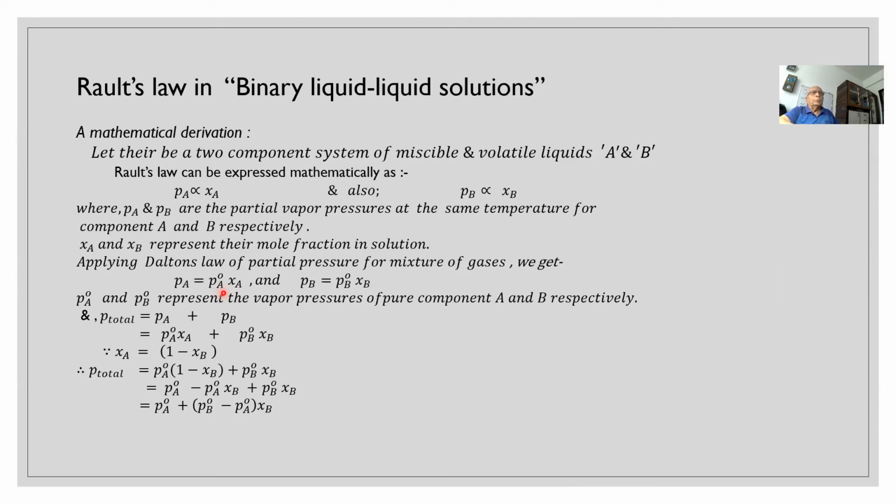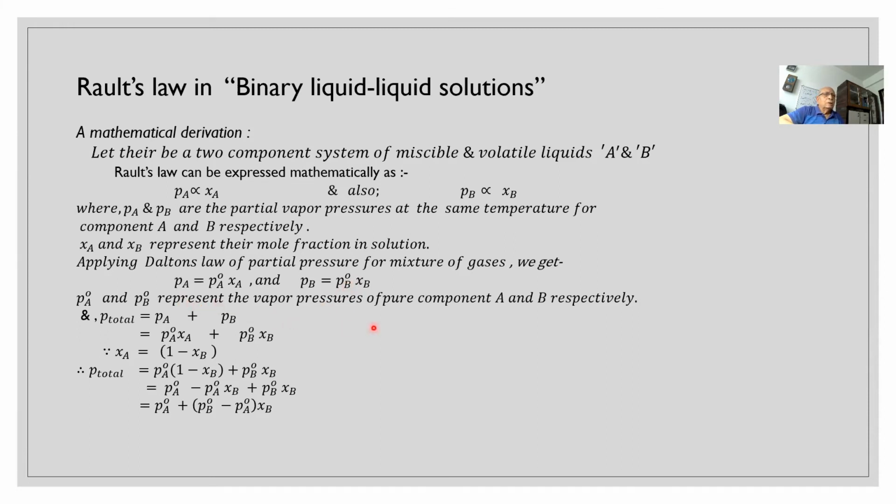Although it is a constant, it is referred to with reference to the type of liquid, structure of the liquid, characteristic of the liquid. It's not a universal constant which can be used anywhere. It is written as P naught A. Similarly, for component B or liquid B, we write P naught B.